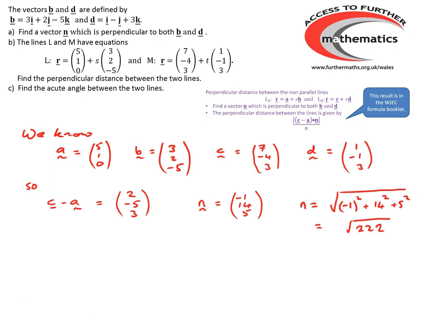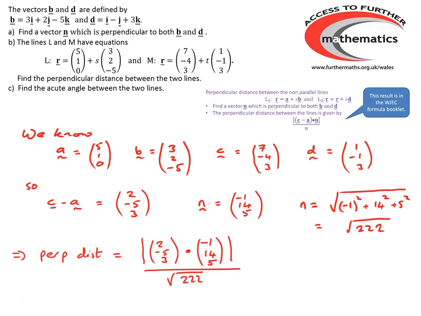So the perpendicular distance can be found by working out the modulus of the scalar product of c minus a with n, divided by the length of n. The scalar product can be calculated as -2 add -70 add 15, which gives me -57.